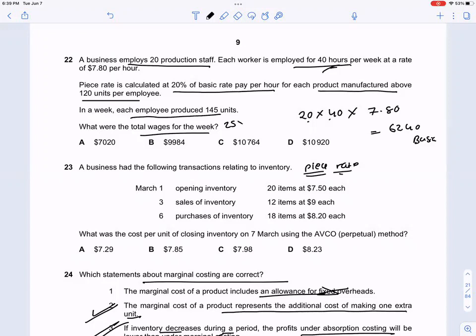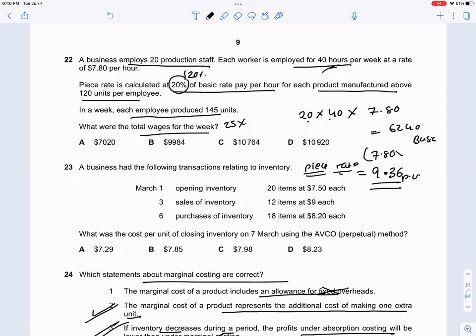For these 25 units, you're going to pay them at 120%. You mean to say 7.8 ka 20% for one extra unit? 20% of 7.8 or 120% of 7.8? 120% of 7.8. You can either take 20% and add to 7.8, or you can take 120% of 7.8. So for the extra units, you're going to pay them 9.36 per unit.